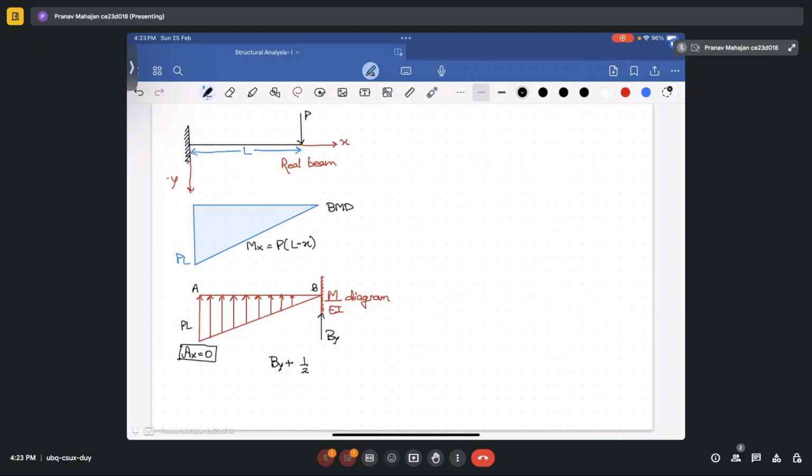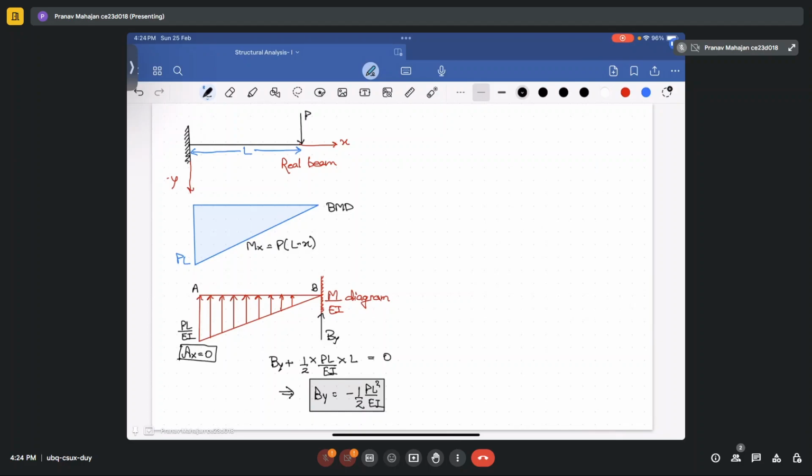This value is PL upon EI. 1 by 2 into PL upon EI into L. That will give you BY equal to minus 1 by 2 PL square upon EI. So this is the value of shear, or the reaction, for the M by EI diagram.